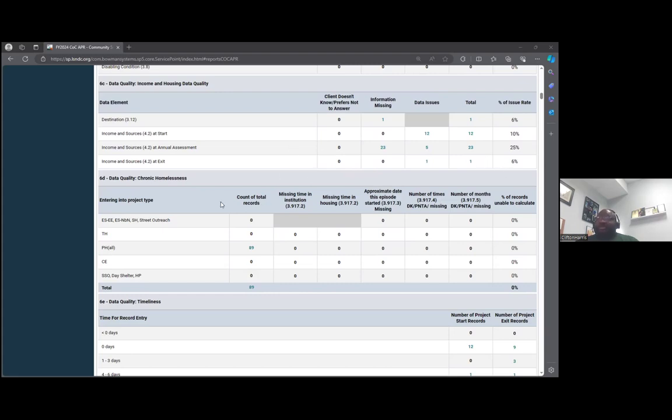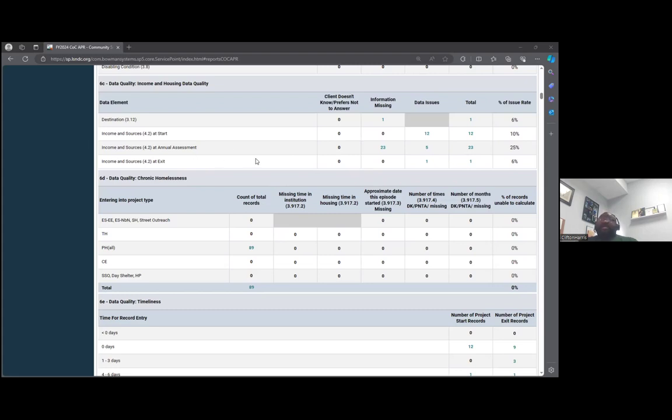If you put no, then all of the values in the sub-assessment needs to say no as well. And then the income sources that exit is the same thing. So this one person that exited has some sort of discrepancy between the sub-assessment and the question of whether or not the client has income at exit. So you'd have to fix that.